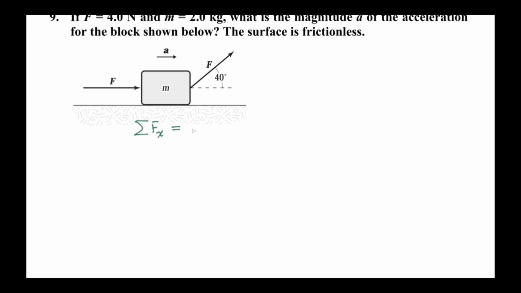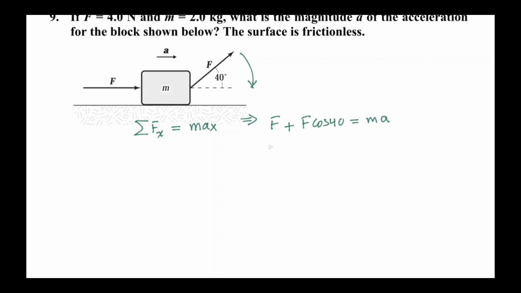on X equals MAX, and in this case we have F plus the X component of this F, F cosine 40, equal to MA.